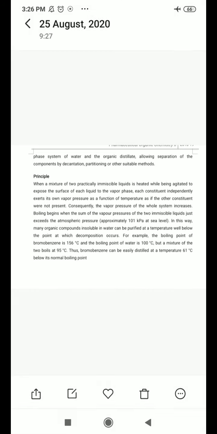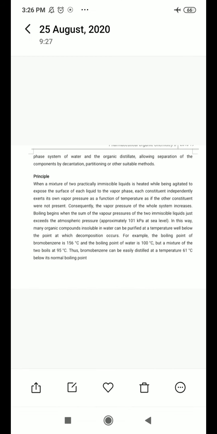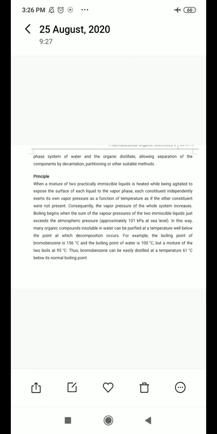These are some procedures or steps through which steam distillation occurs. Okay, the main function, the main application of steam distillation, is that we can separate the compound below its boiling point, at a low boiling point.